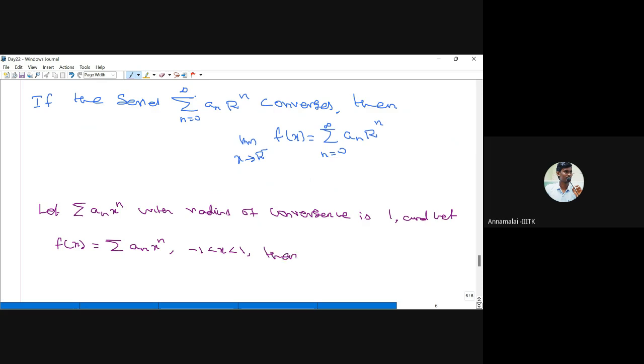Then, if we substitute x equal to 1, and the series summation a_n converges, then limit x goes to 1 minus f of x is just the summation a_n.